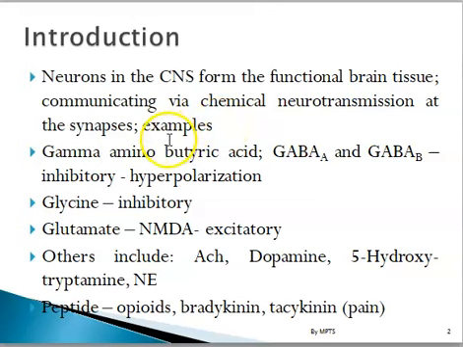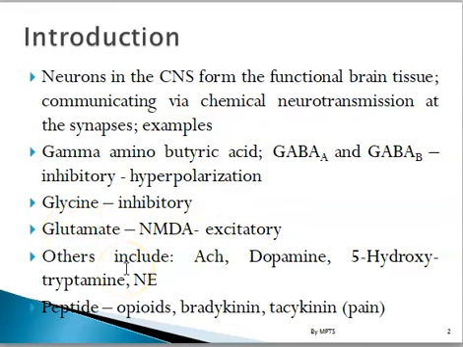Which are these neurotransmitters? The drugs which I'll talk about will be either acting on these receptors or mimicking these neurotransmitters. One is gamma-aminobutyric acid, which is inhibitory. The other one is glycine, also inhibitory. Glutamate is excitatory.